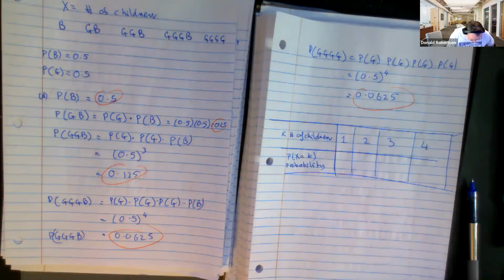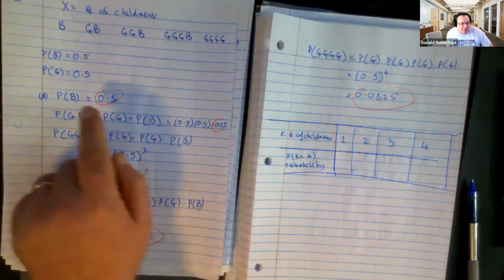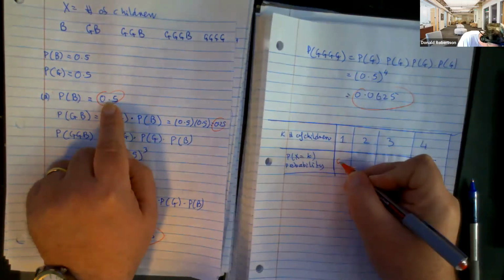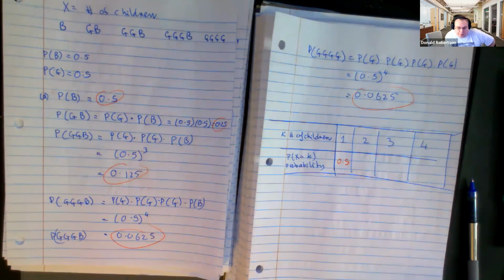Now, what happens if she's only going to have 1 child in the family? Does it not mean it's this guy here? So 0.5. What is the probability that she stops with 2 children in her family?